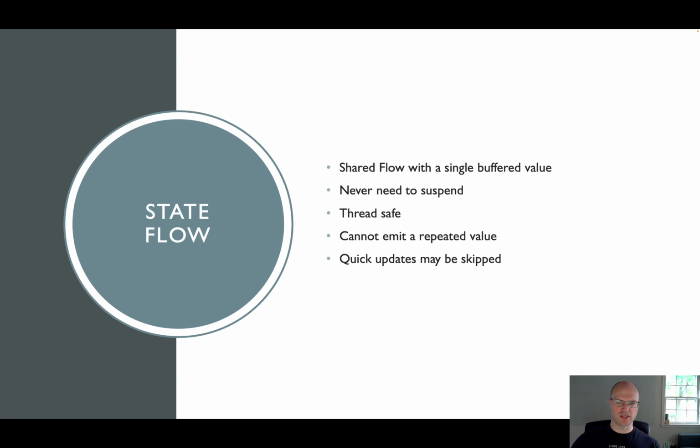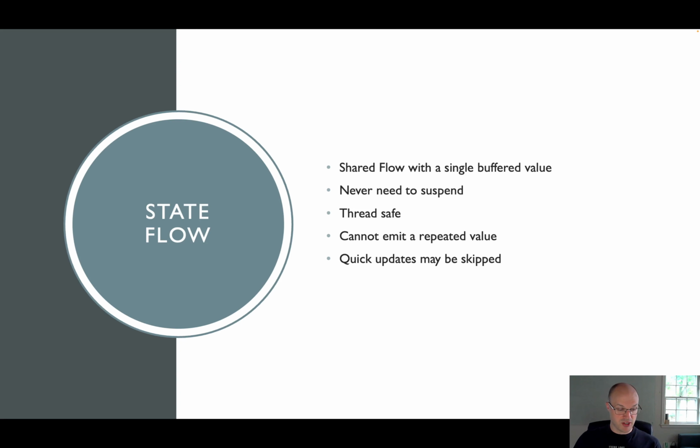In particular, it's about eventual consistency, because if you're doing a bunch of repeated updates, changing the value very rapidly all the time, subscribers may not see all of that. That goes back to the example I showed before in the unit test, where one collector wasn't collecting quickly enough, so it just saw the first and last value. That's, again, a limitation, or you could say a feature, of the state flow.